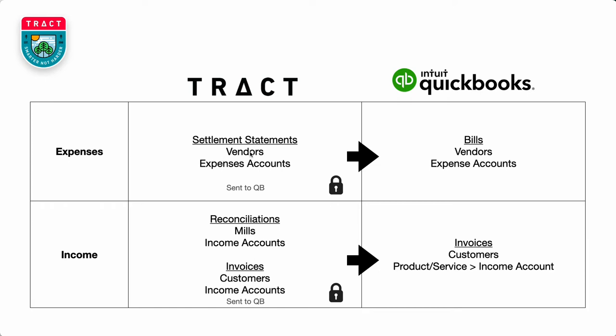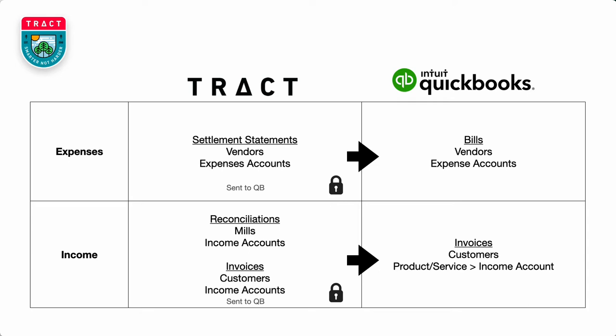Those are your vendors that are going to be on the settlement statements, and each of those tickets basically is associated with an expense account for that vendor. And so the settlement statements are going to get translated into a bill on QuickBooks. If you're not familiar with using bills, they're basically just expenses that haven't been paid yet.